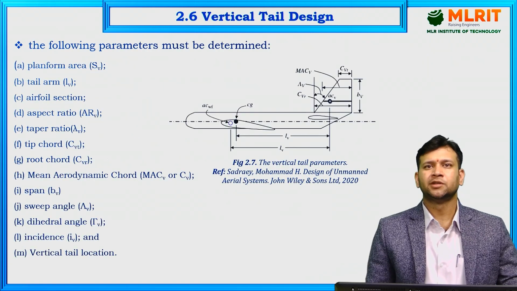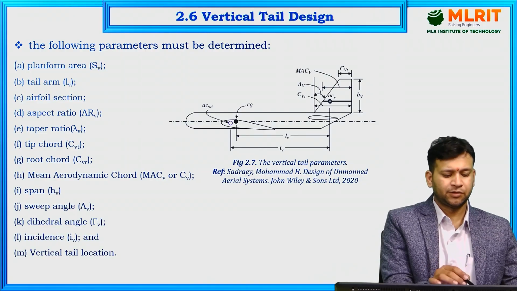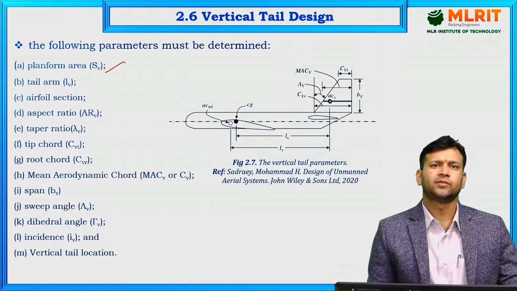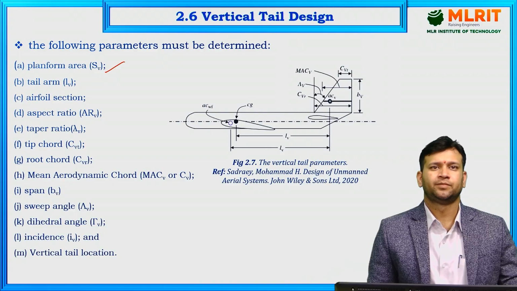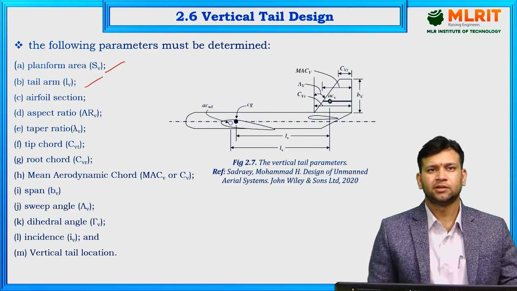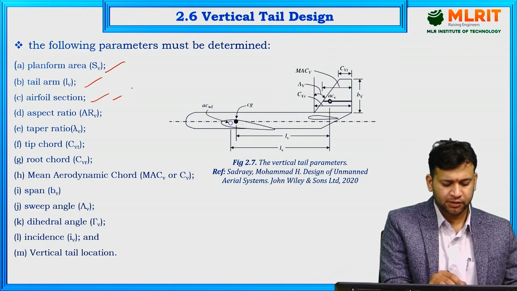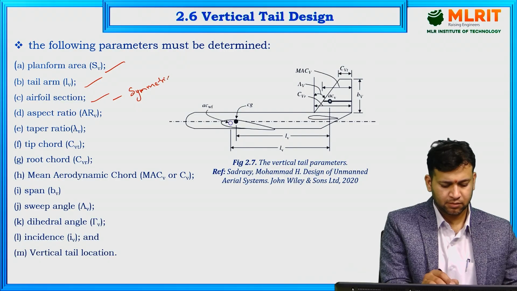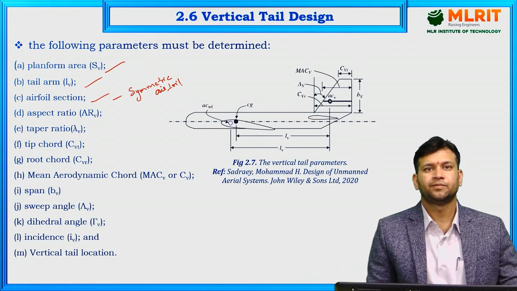The following parameters must be determined in vertical tail design. First one, planform area, that is vertical planform, tail arm length, airfoil section. Generally, we go with symmetric airfoil.